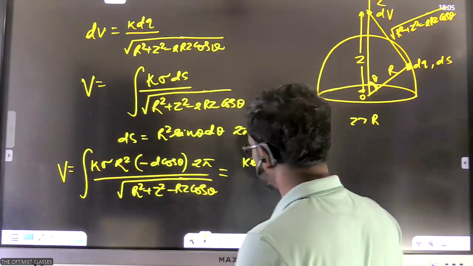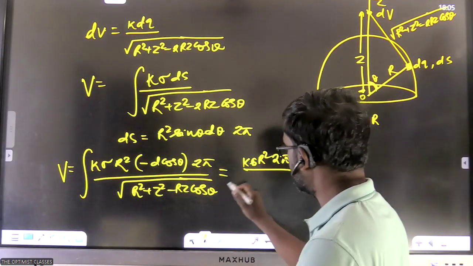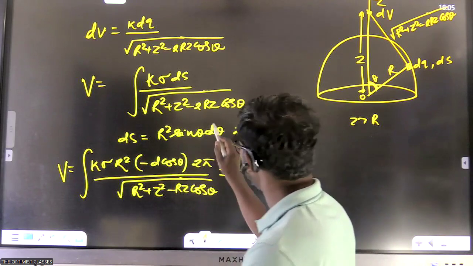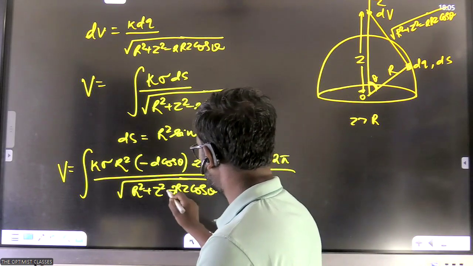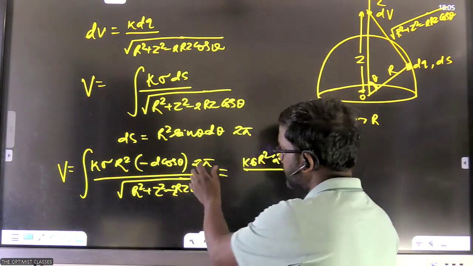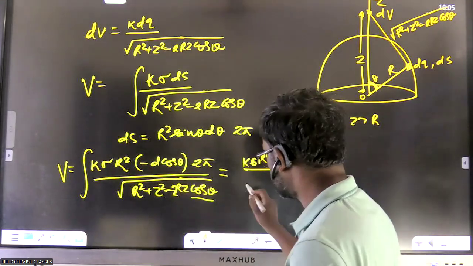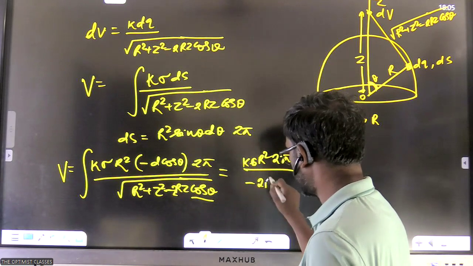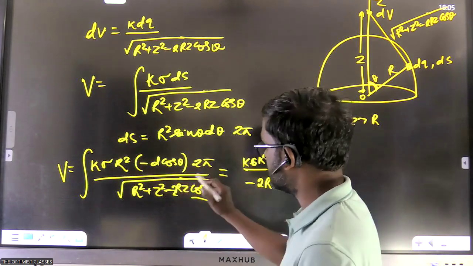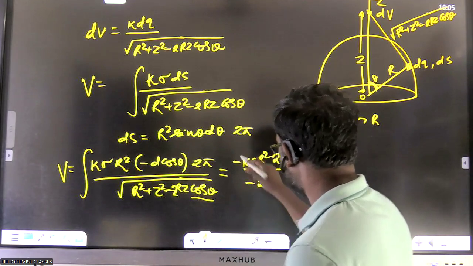And there is a factor of 2 also, so there is a factor of 2rz. When you integrate with respect to cos theta, you will have to divide by the coefficient of cos theta, which is minus 2rz. And there was a minus sign here, so this minus will cancel out.